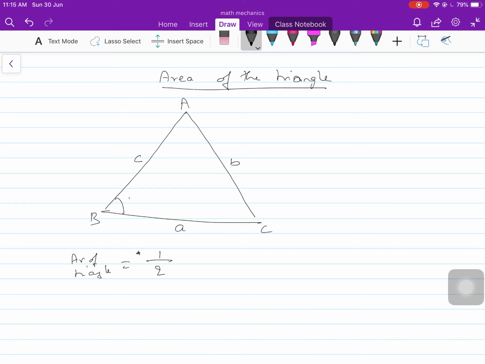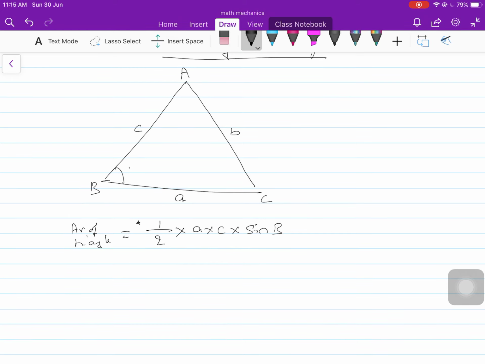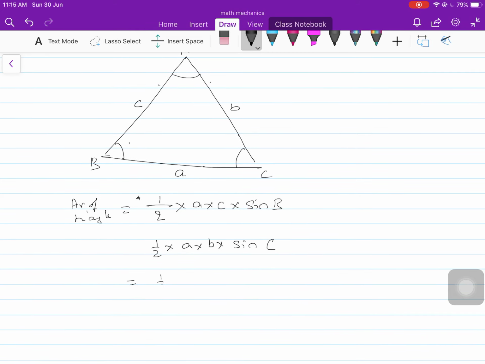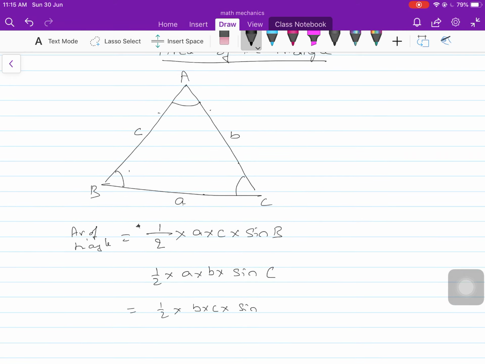Similarly, half into side A and side C, into sine of the angle between them, sine of angle B. If you know these two sides and this angle, we'll do half into A into B into sine of the angle between them. If you know these two sides and the angle between them, it will be half into B into C into sine of the angle between them. So this is how you find the area of a triangle.